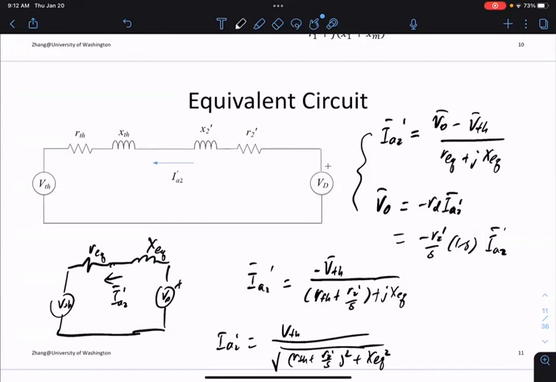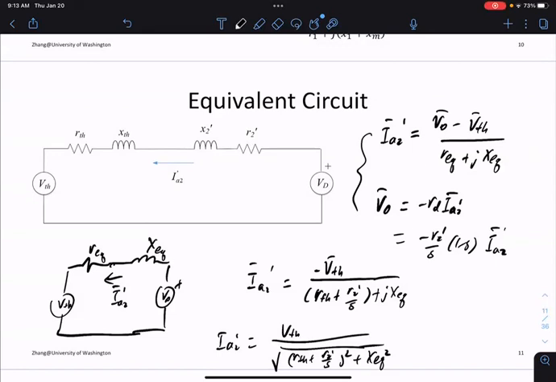Okay, so again, these equations are from basic circuit analysis, but they can be long. Sometimes this equation comes a little bit long. Again, just remember where to find them, and when you do calculations, be careful. There's a lot of X1, X2, X equivalent, R1, R2 prime, RTH, all these things going on.